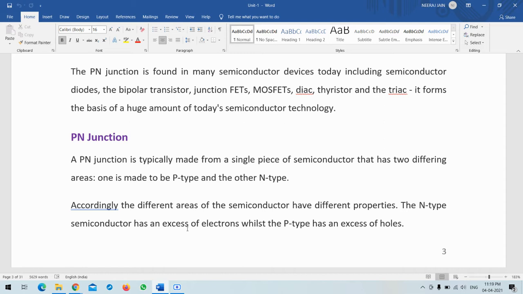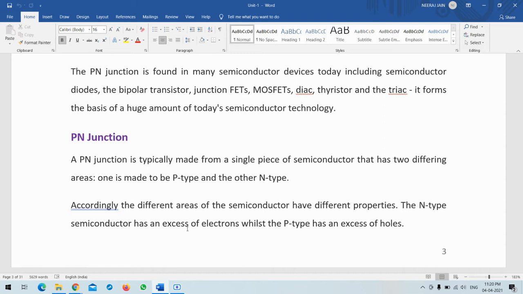When we mix in impurities like trivalent and pentavalent impurities, we can make P or N type junctions. Generally, by adding the trivalent impurity, P type semiconductor is made, and by adding the pentavalent impurity to the pure semiconductor, N type semiconductor is made.